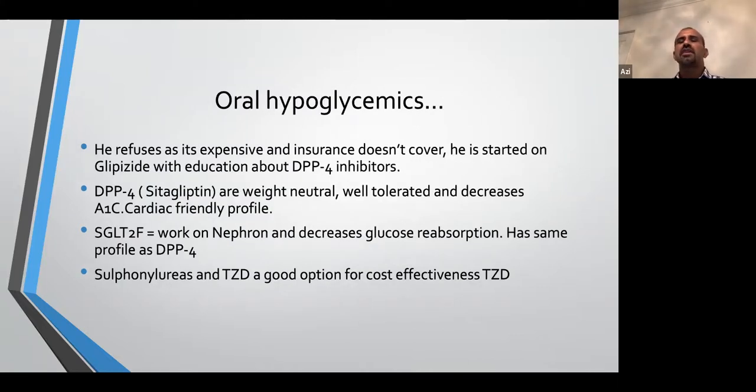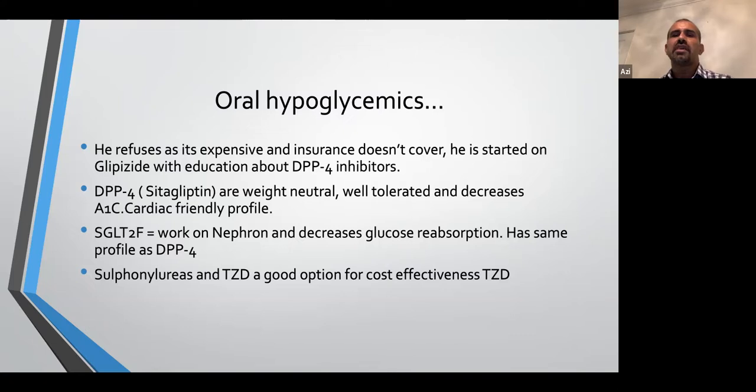So once we explain to the patient that this is the best option to go with, it's weight reducing, the patient says, well, it's expensive and insurance doesn't cover it.